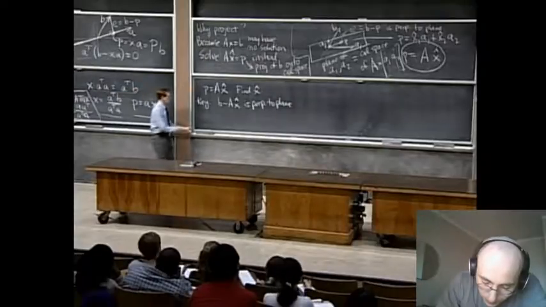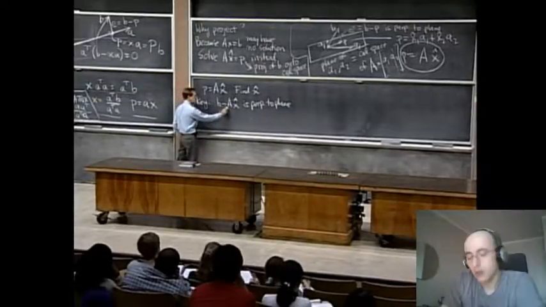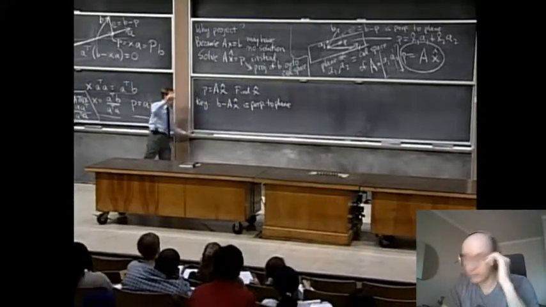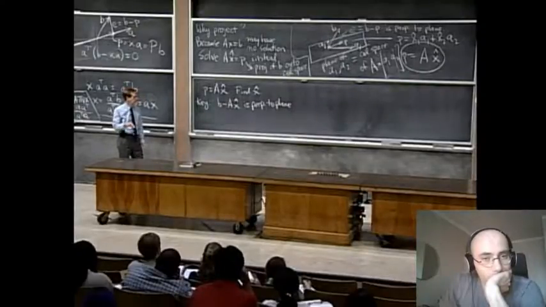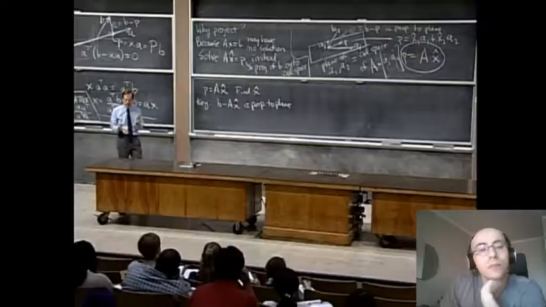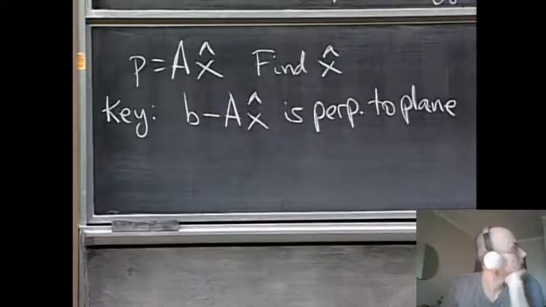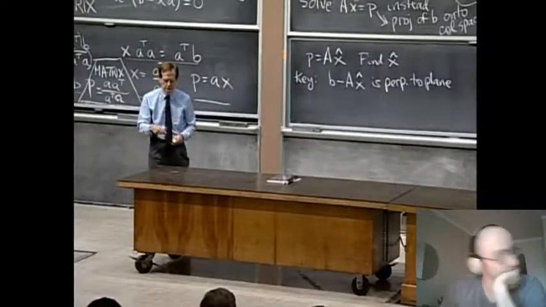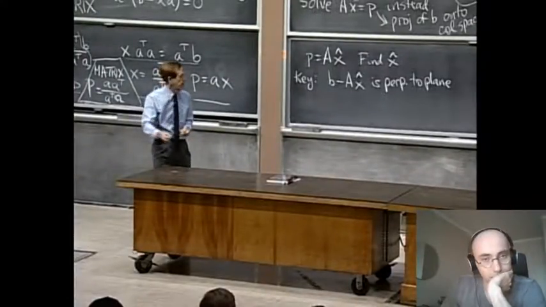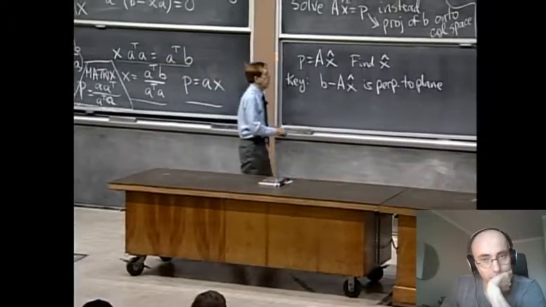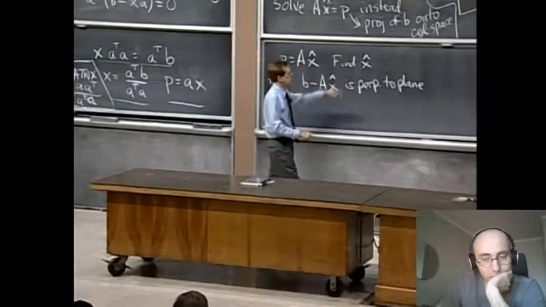And I'll get two equations because this thing E is perpendicular to the plane. So what does that mean? I guess it means it's perpendicular to A1 and also to A2, right? Those are two vectors in the plane, and the things that are perpendicular to the plane are perpendicular to A1 and A2.